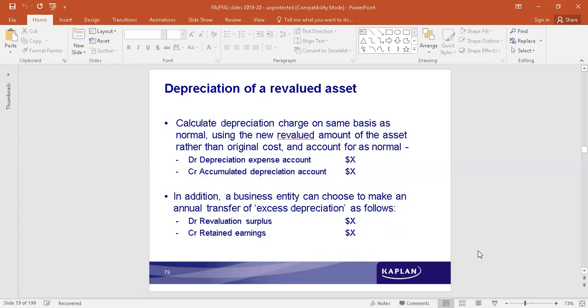So the adjustment would be that the revaluation surplus on the new asset is either charged to retained earnings or appears in the books of accounts as a revaluation surplus. Any excess amount of depreciation will be deducted from revaluation surplus.